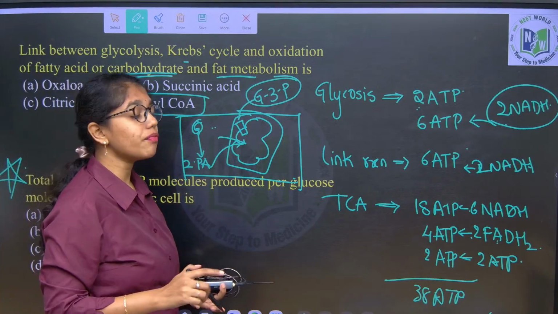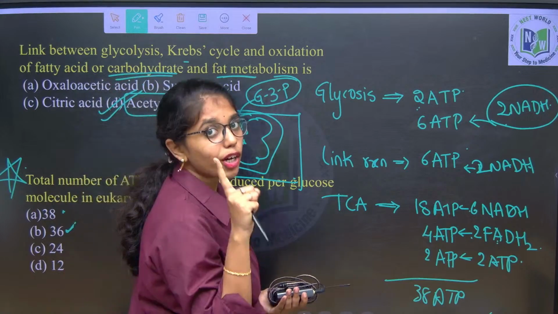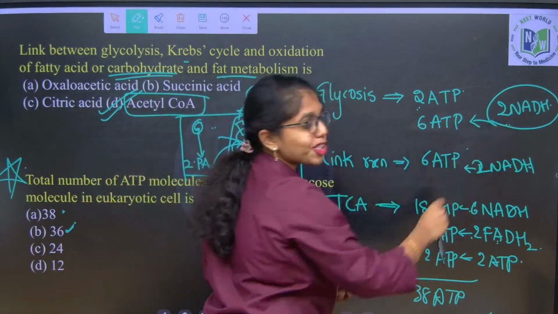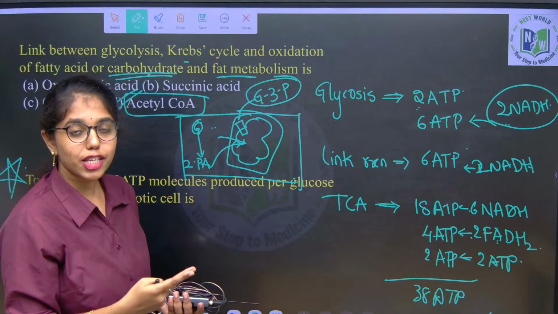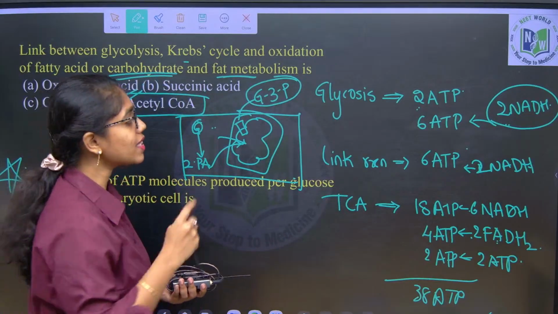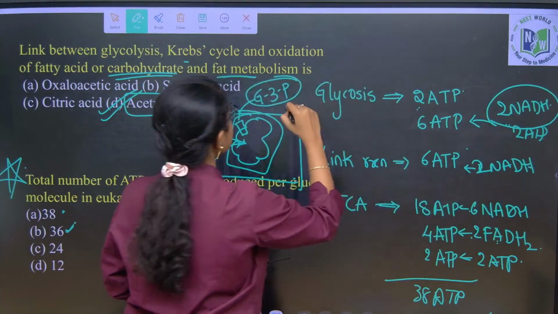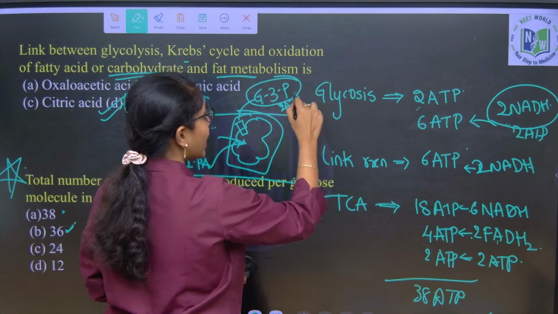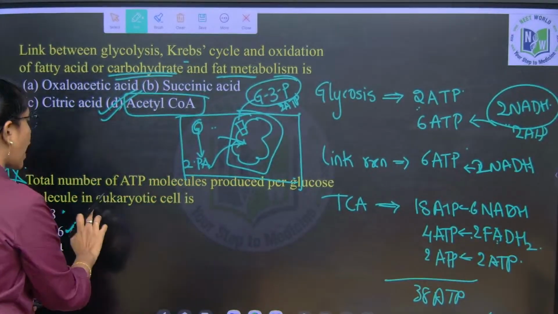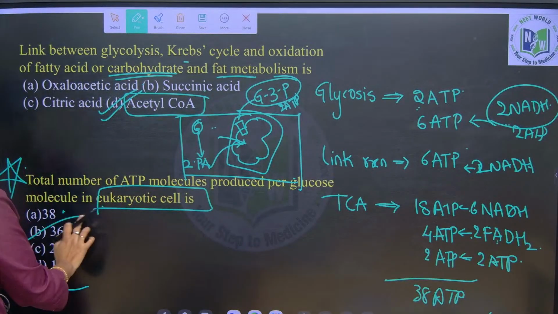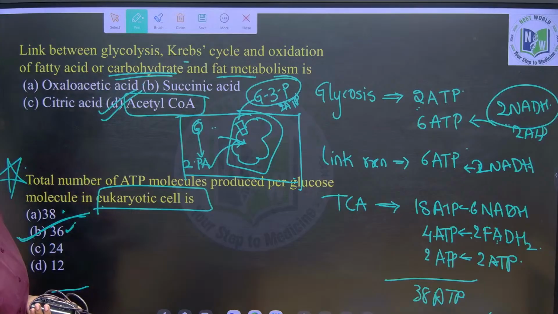This shuttle system will utilize 1 ATP to transfer 1 NADH molecule. As such, to transfer 2 NADH molecules, it utilizes 2 ATP. That is why, if it is asked in the eukaryotic cell, we have to choose 36 ATP in total.